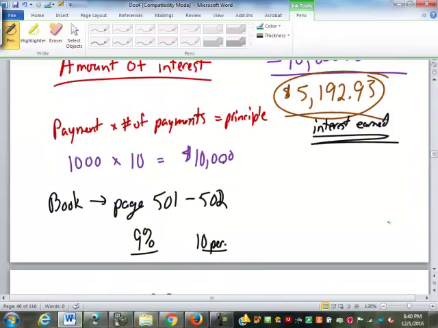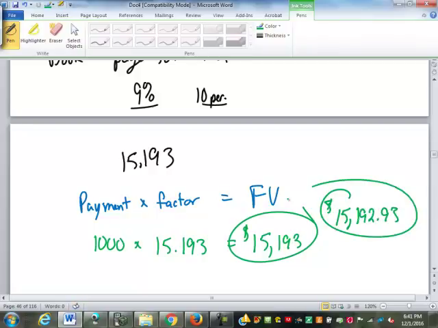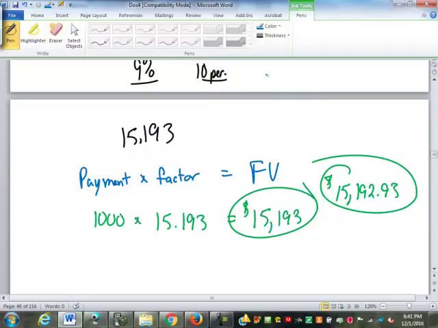Notice once again, that is off by like 7 cents. In my math lab, most of the problems want you to use the table. If you use the formula and you're off by 10 or 15 cents, let me know and I will make sure I regrade that.